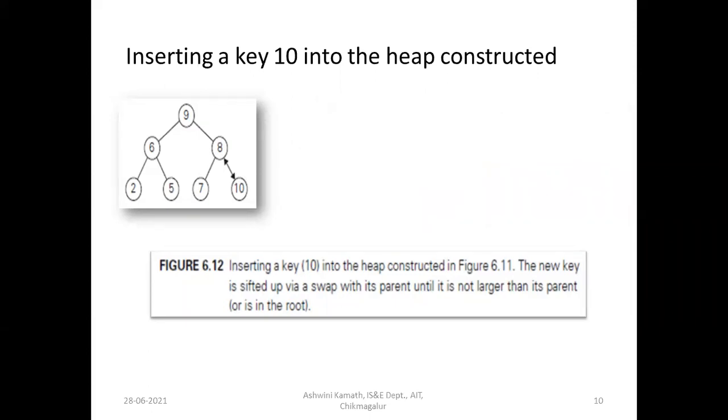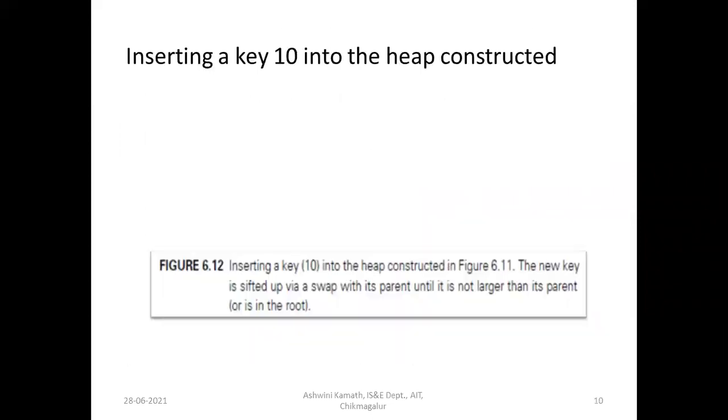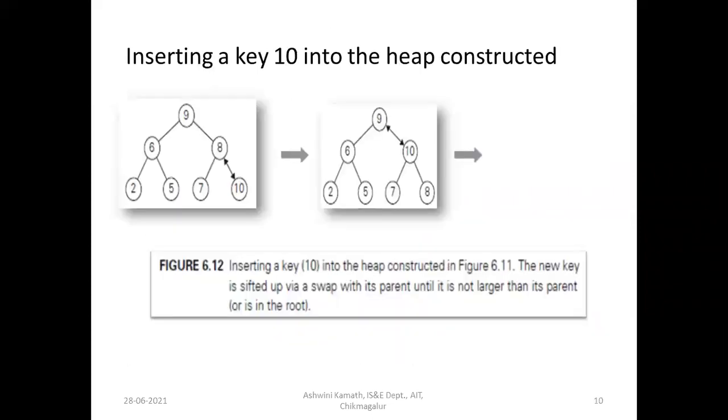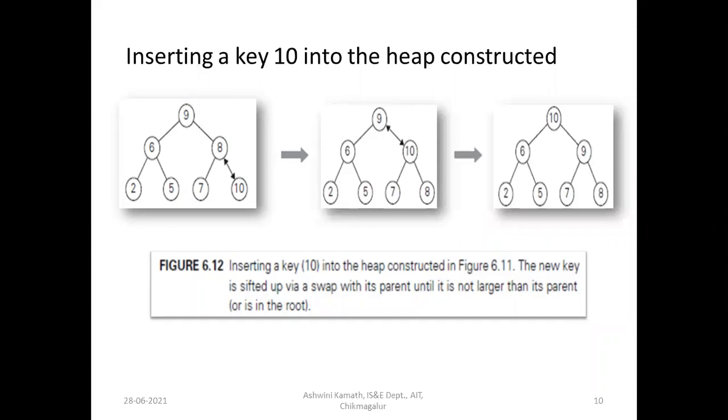Whatever algorithm we have discussed, I have given this example for that. For the top-down approach, every time we consider one single value to be inserted into the tree. Then we compare with its parent. If it is lesser, no problem, stop the comparison, and it will be a heap. If it is not lesser, swap.